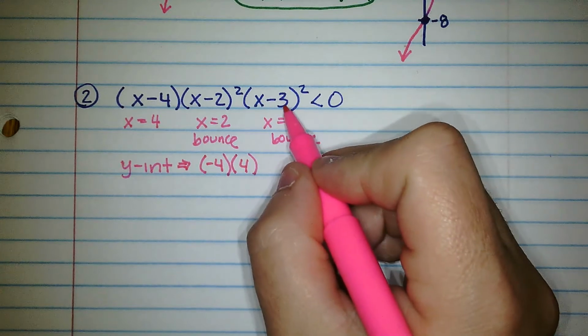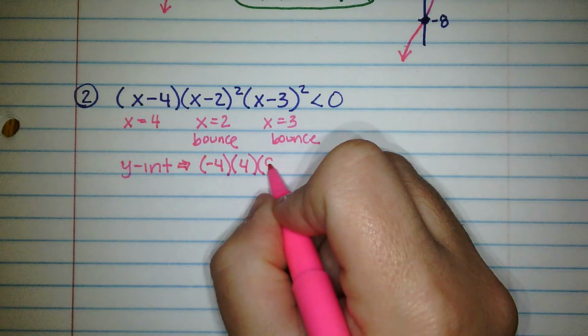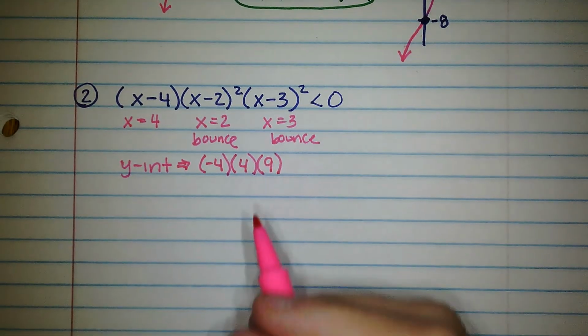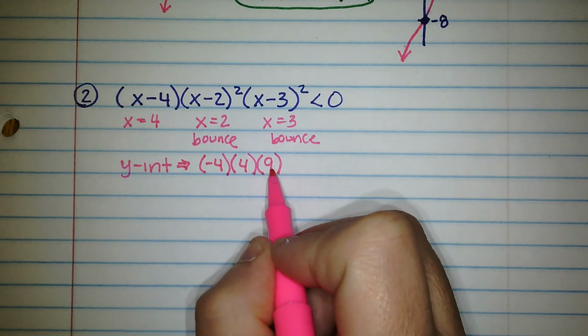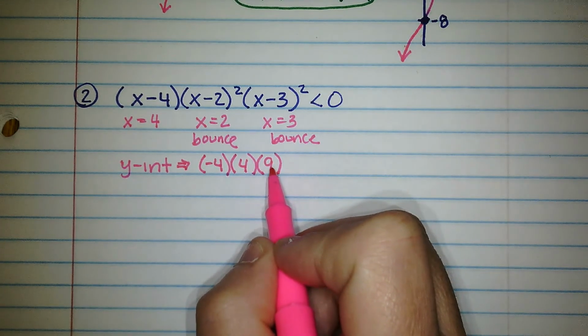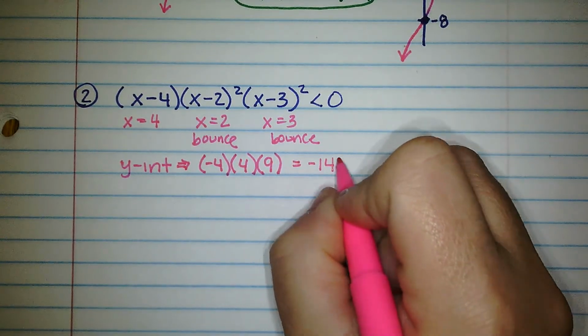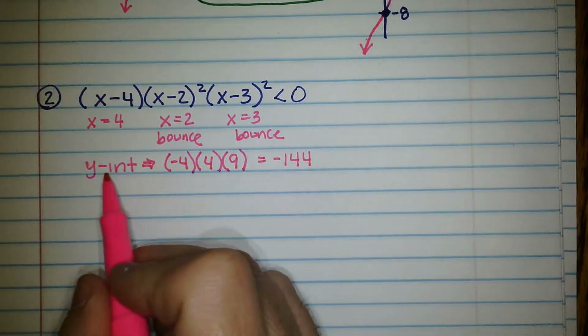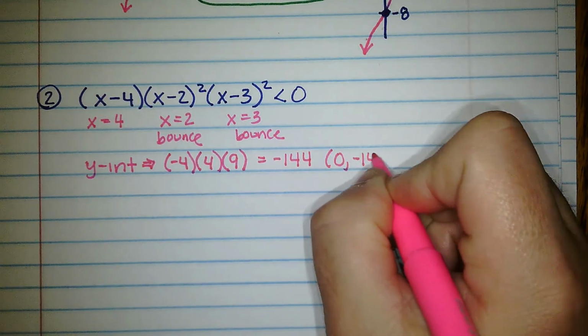And 0 minus 3 is negative 3, and negative 3 squared is positive 9. So what we have is negative 4 times 4, which is negative 16, and negative 16 times 9 is negative 144. So our y-intercept will be (0, negative 144).